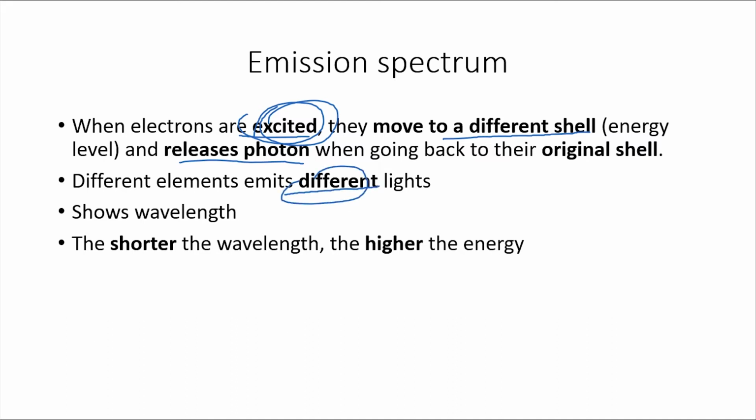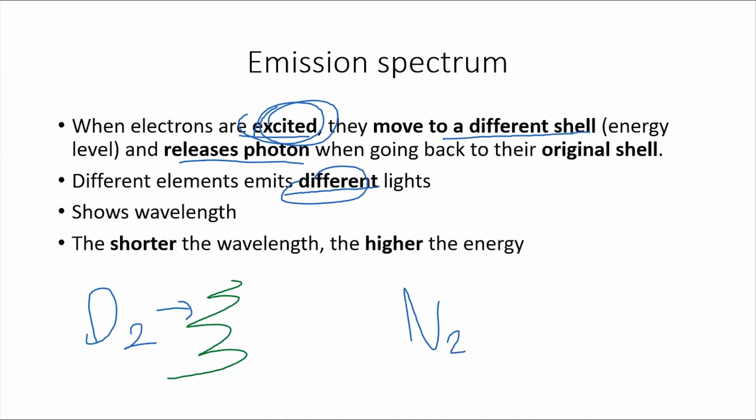For example, oxygen emits green, and nitrogen emits blue. So when it releases a photon, it goes back to the original shell. So let's say it's on the second shell, it goes back to the first.